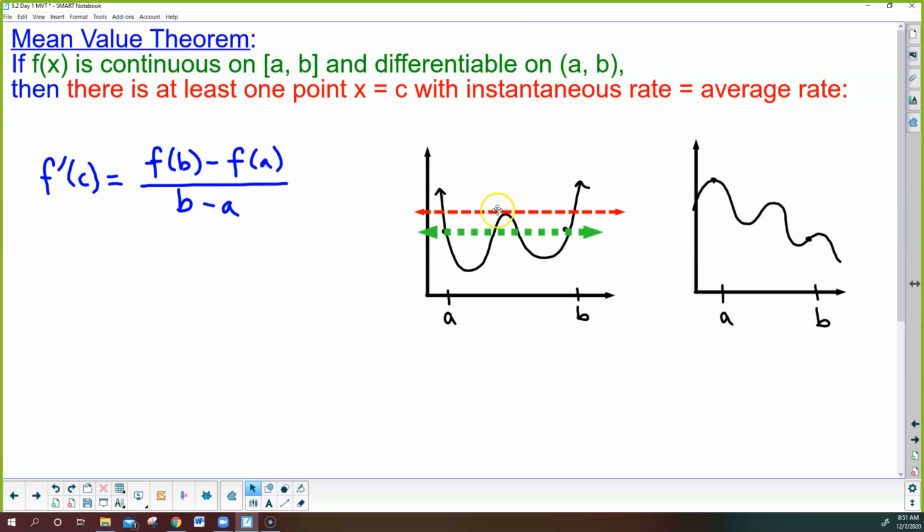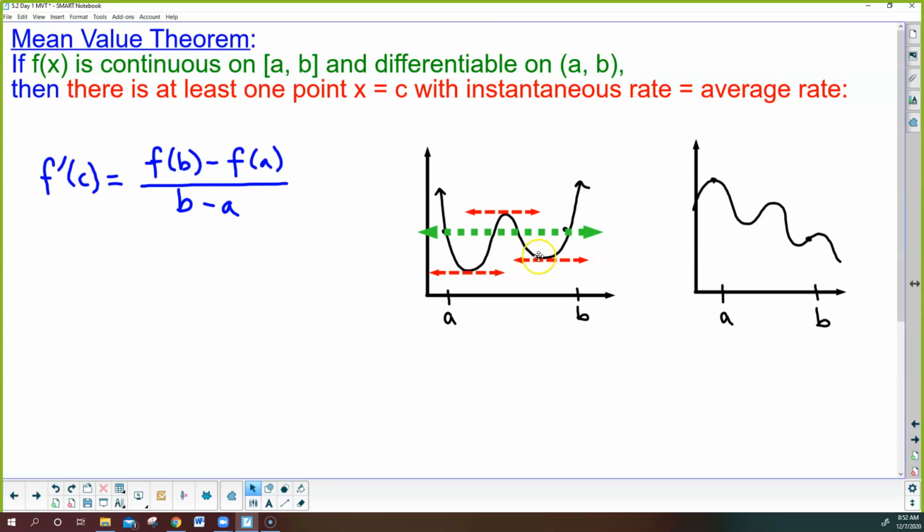Well, now, if I just move this line up, you can see there's one point of tangency. Maybe I make this line a little bit smaller because we're only concerned about the tangent line at that point. But then there's another one down here, and there's another one down here.